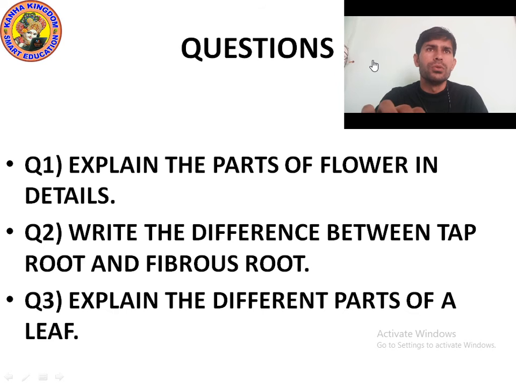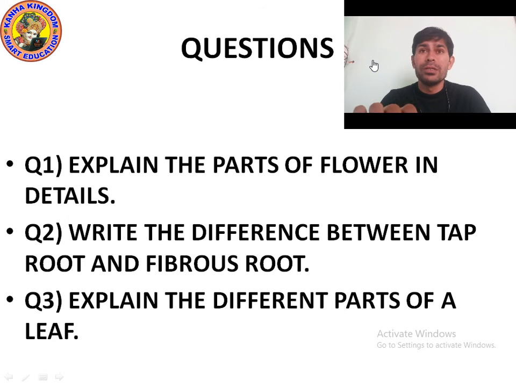In a taproot system, there is a main root from which small roots arise, which are known as lateral roots. A fibrous root is a system usually formed by thin branching roots. In fibrous roots, no main root is found; they are found in the form of a group. Taproot is found in neem tree and mango tree, and fibrous root is found in maize plant.